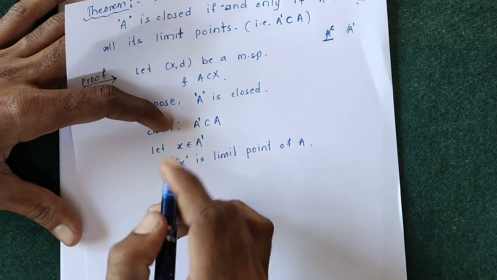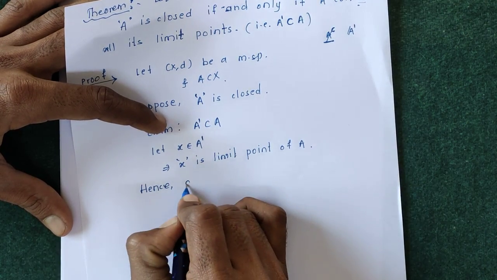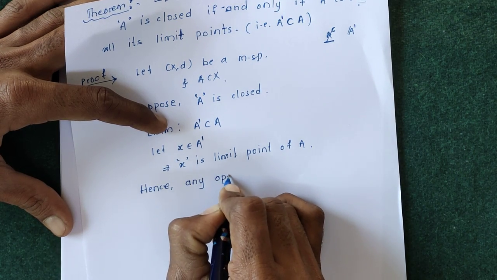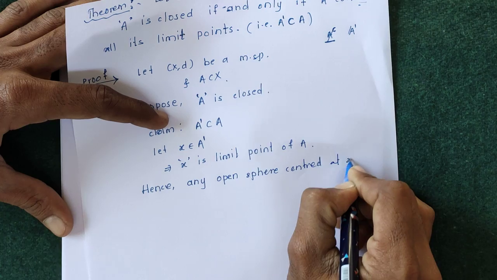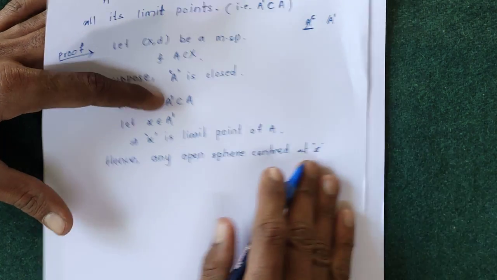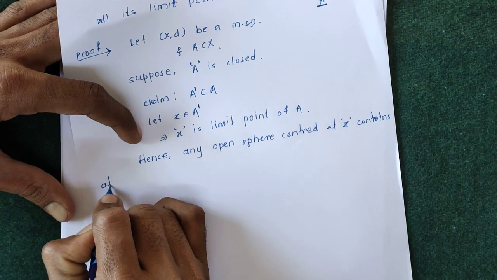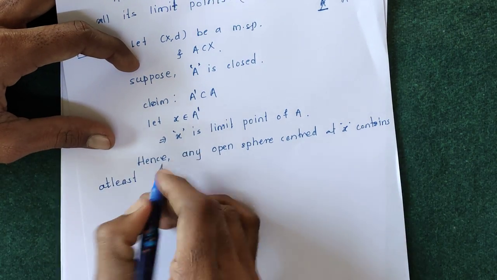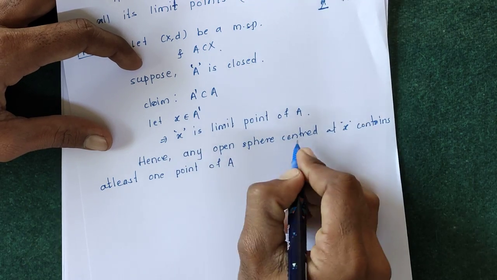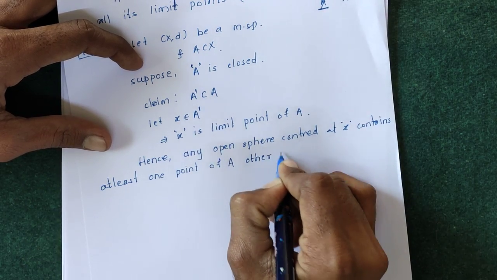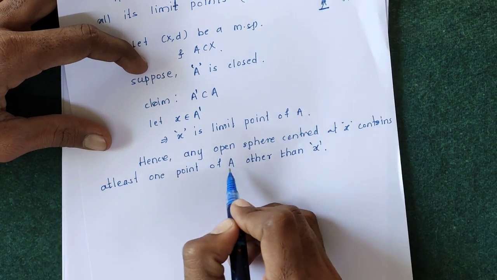So, using the definition of limit point, hence any open sphere centered at x, with any radius, contains at least one point of A other than the center, that is, other than x.